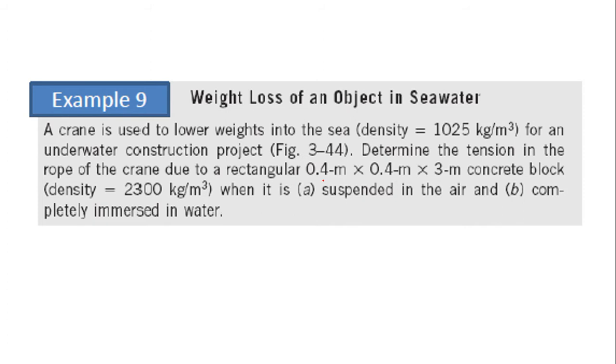They give you the dimensions of the concrete block, 0.4 meter, 0.4 meter and 3 meter, and the density of the block, 2300 kilogram per meter cube. First scenario, when it is suspended in the air, so it's not submerged in a fluid, and B, completely immersed in water. So this is completely immersed in water.